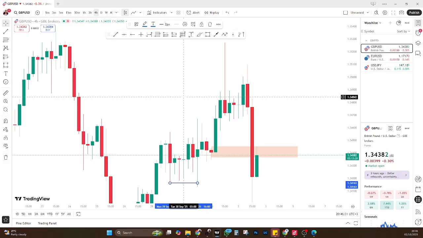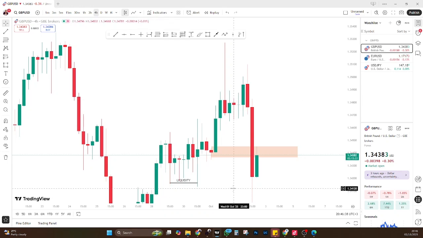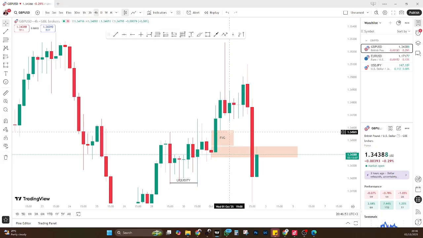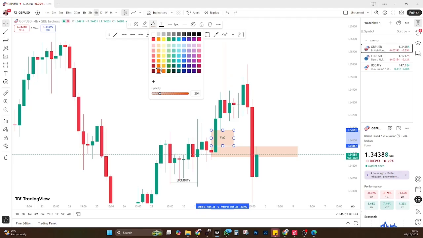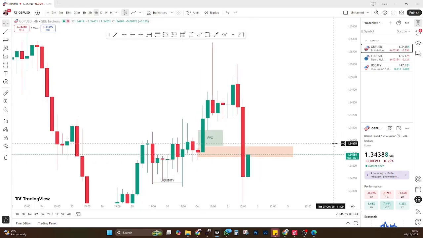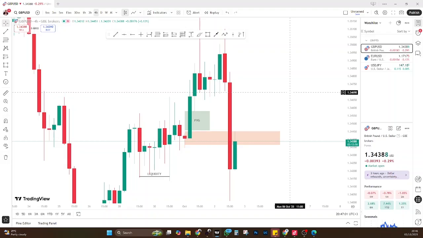The market took out that liquidity first. And then what happened? There is an FVG here. This is FVG. Every time you see a gap in the market, it's an FVG. You don't have to think about it.